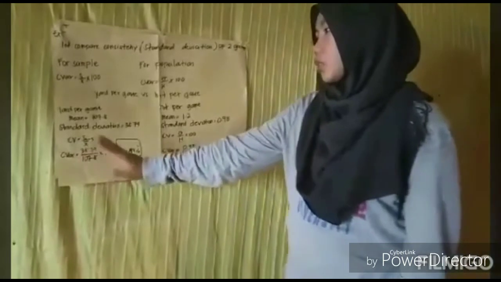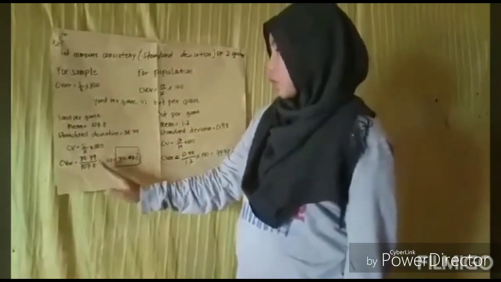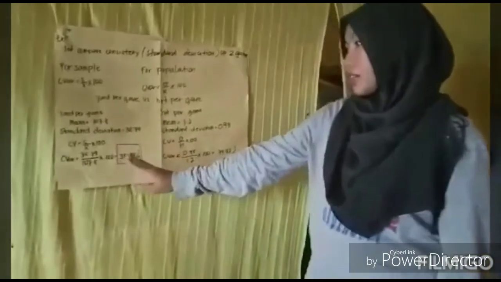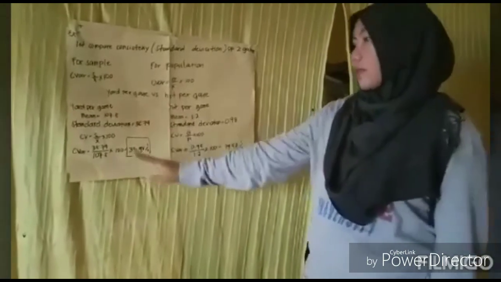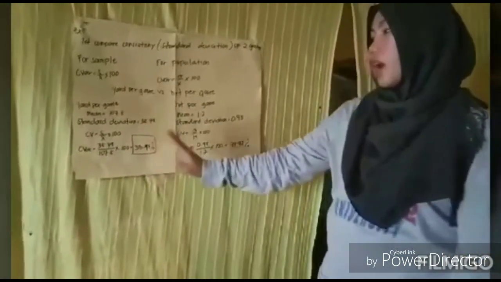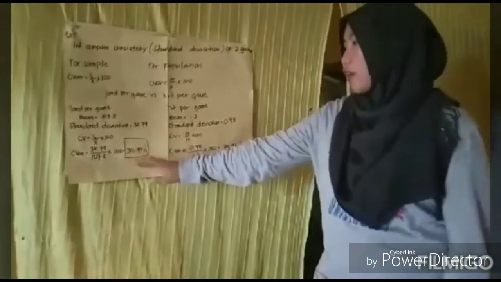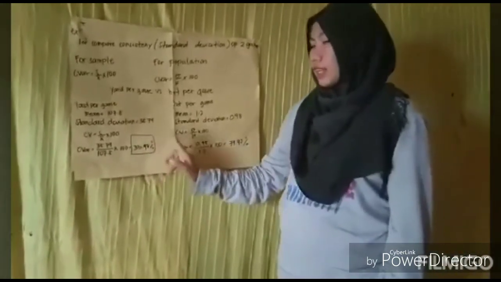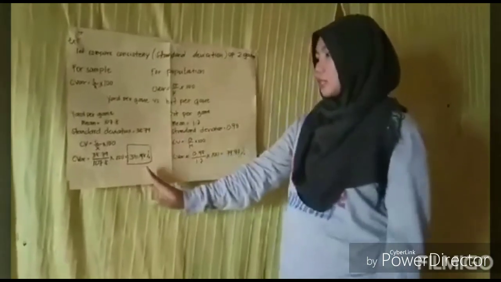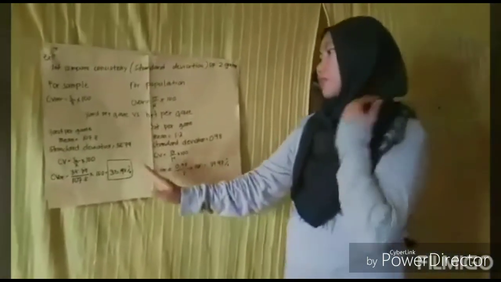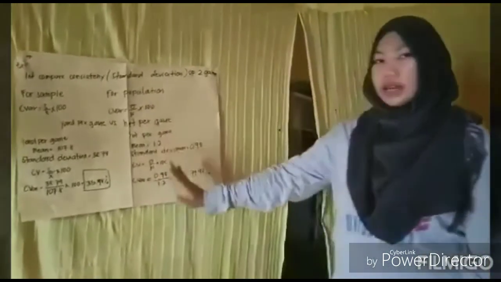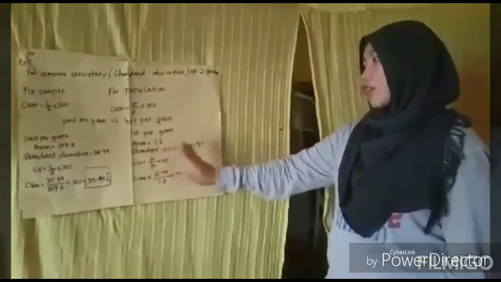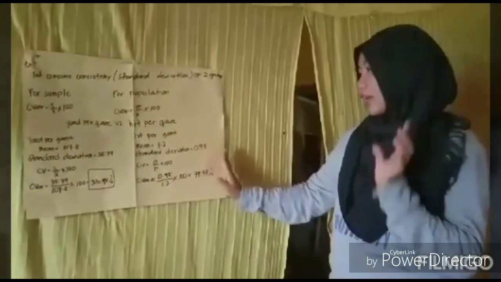Let's use the formula for sample. CV is equal to 38.79, the standard deviation, divided by 107.8, the mean, times 100, is equal to 35.98%. That is the percentage for the yarn per gauge. In the heat per gauge, the mean is 1.2. The standard deviation is 0.98.